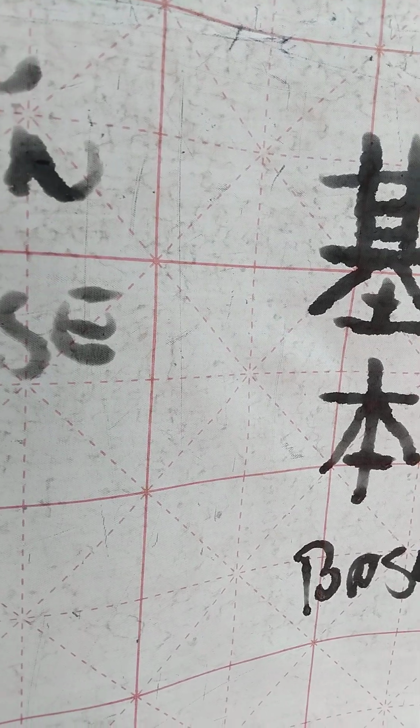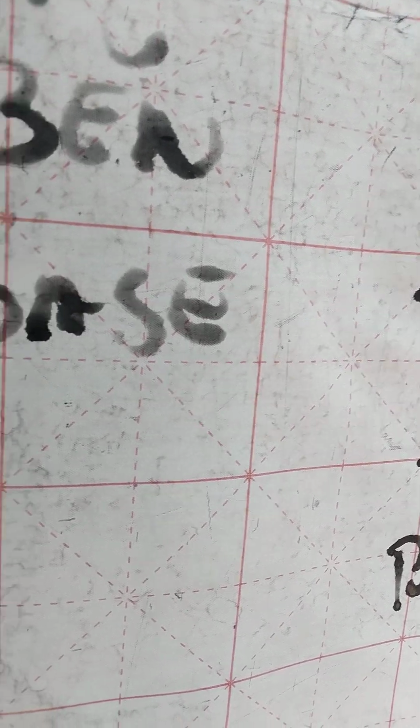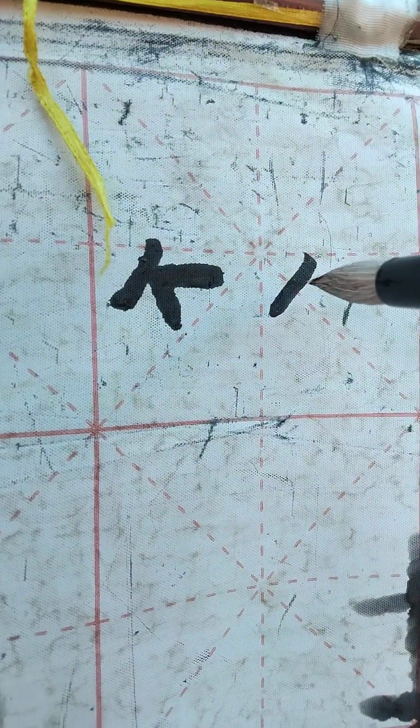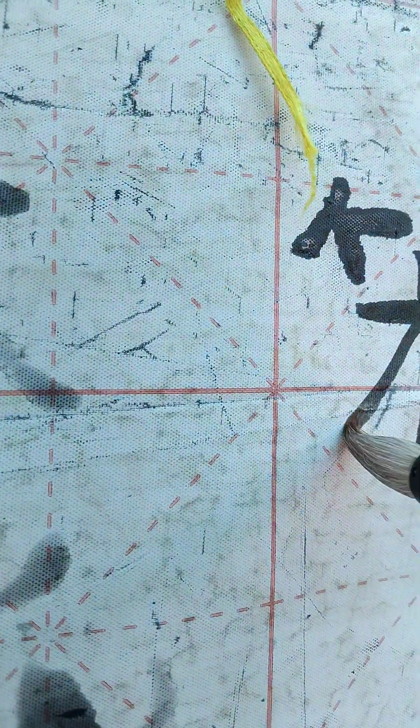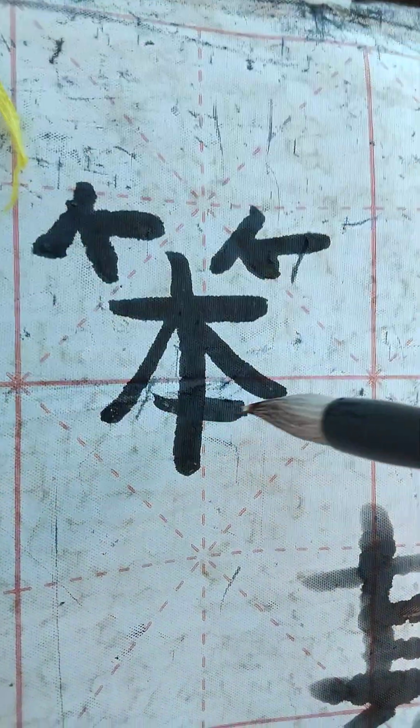All right, and the second word is also the character bun, but this bun is different. I'm gonna write it here. This bun is 1, 2, 3, 4, 5, 6, 7, 8, 9, 10, 11.